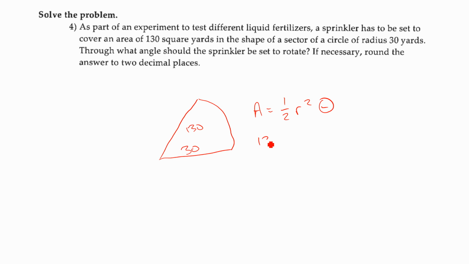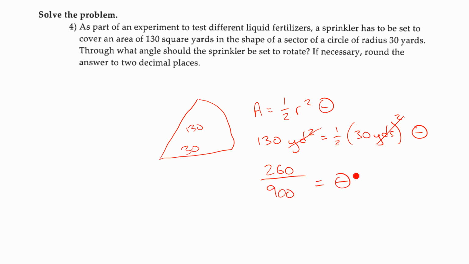So we know that 130 square yards equals 1/2 times 30 yards squared times theta. So we times by 2, and we'll get 260. And we'll divide yards squared away, 260 over 900 equals theta.